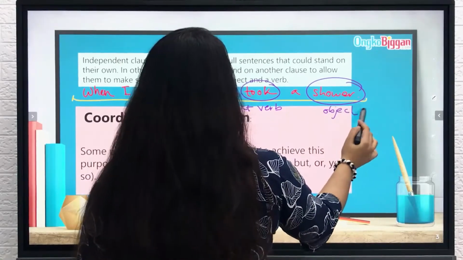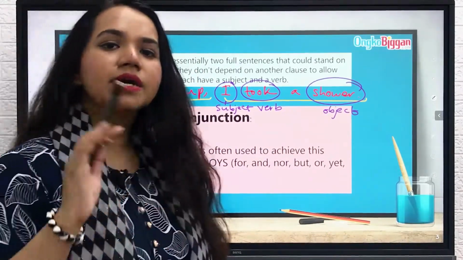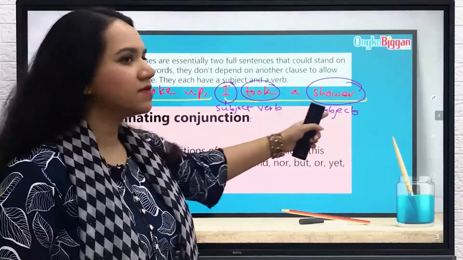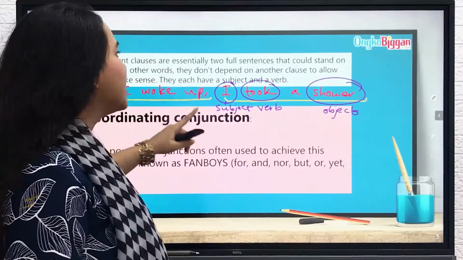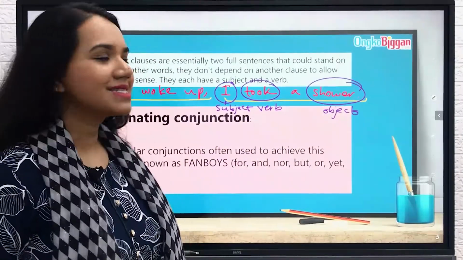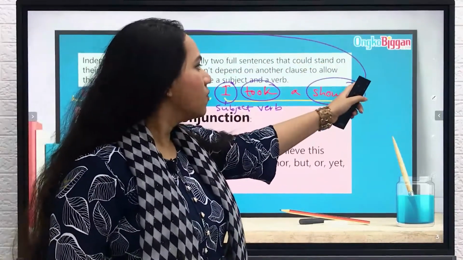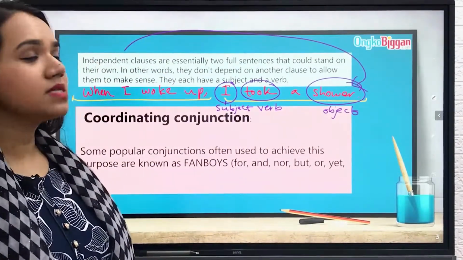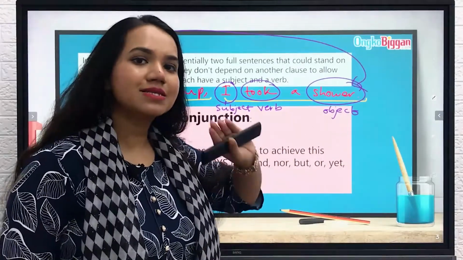So definitely a sentence consists of the subject, verb and the object, and because this clause has all three of these, we can say that this clause is the main clause, or an independent clause. This is a sentence that can fully stand on its own.